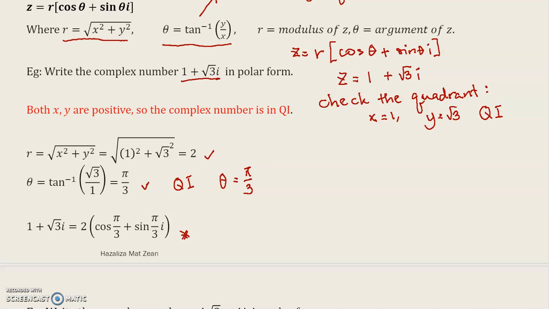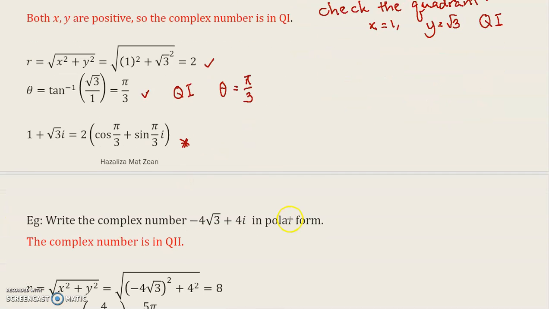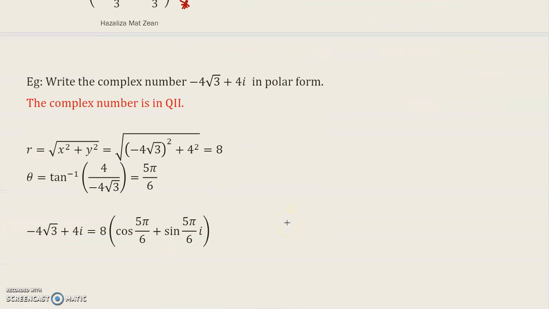We have converted. Then one more example. Now you have this complex number, let's say I call it z. I check that x is negative 4 square root of 3 and y is positive 4.